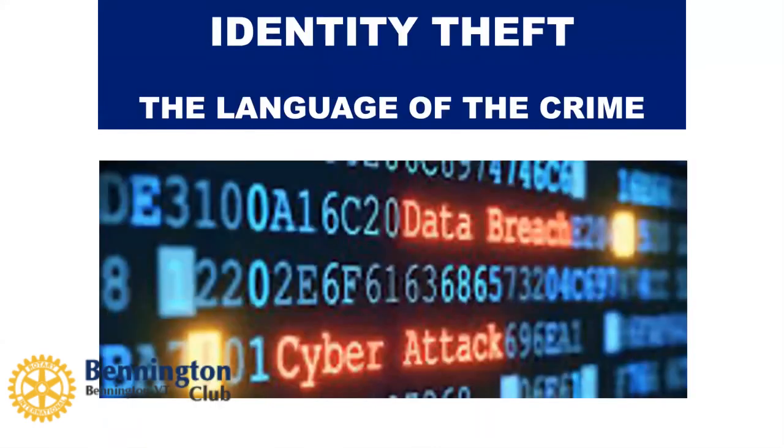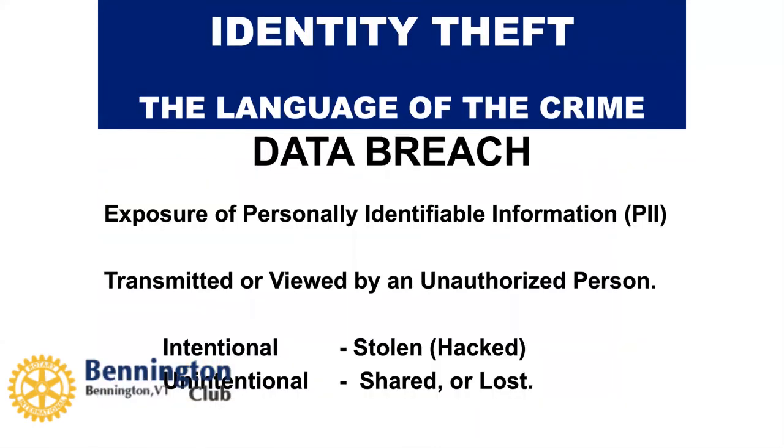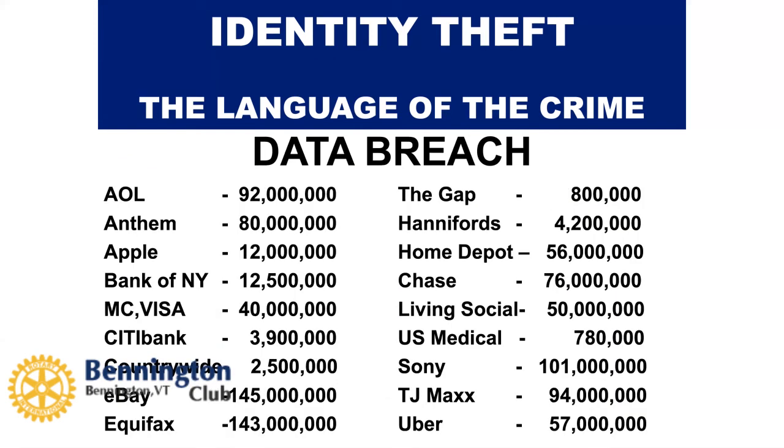Number 1 crime is identity theft. And that's when it starts with somebody committing a data breach, getting into private information that's stored online. It can be done intentionally where somebody goes out and hacks the account, or you provide information when you don't realize you're giving it away.